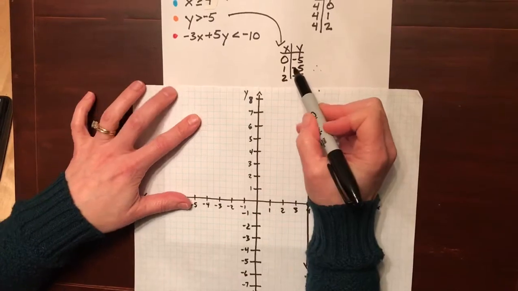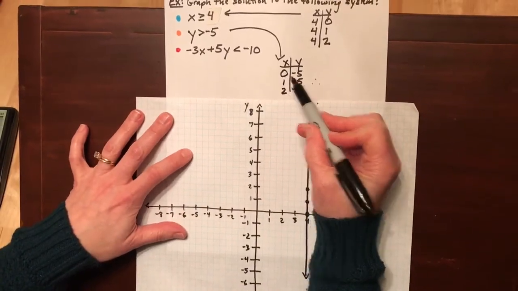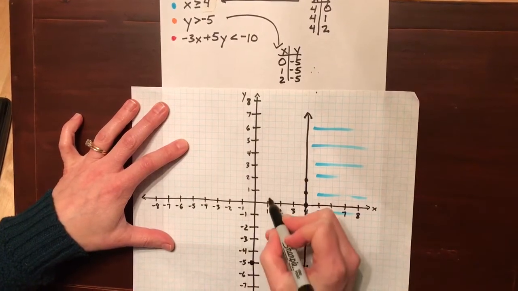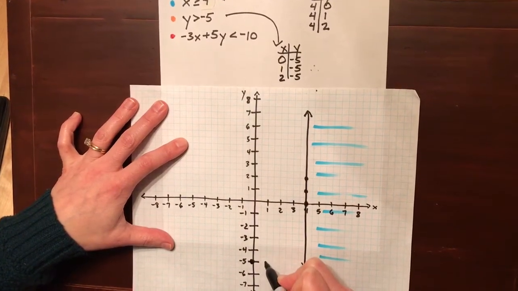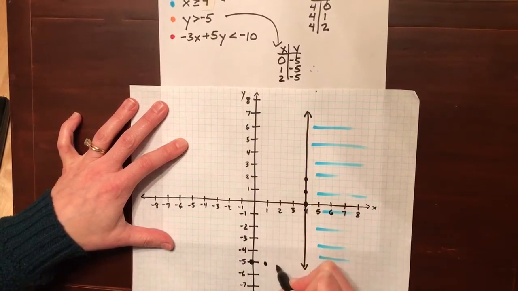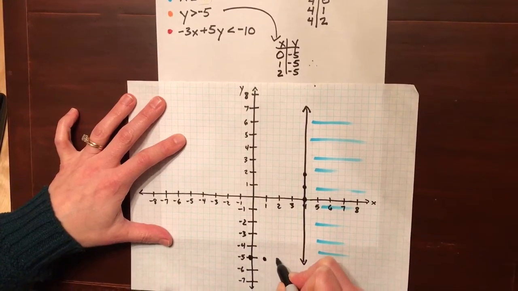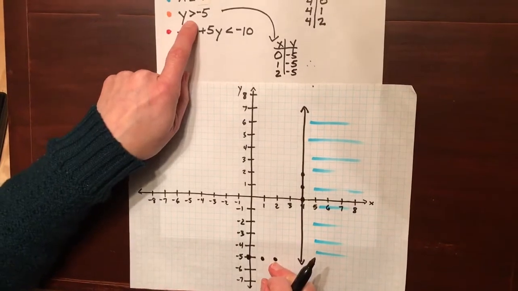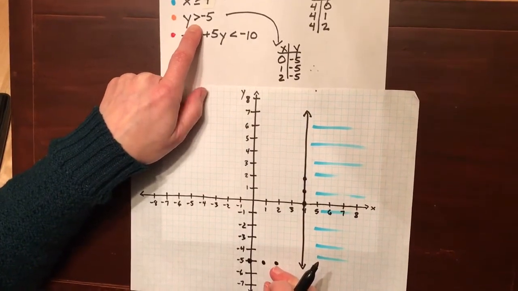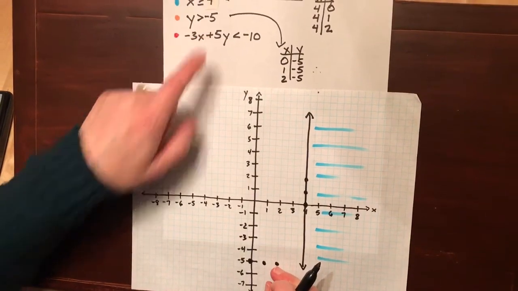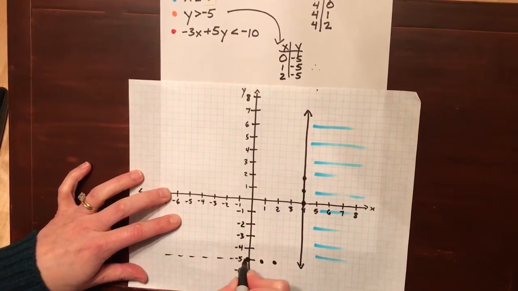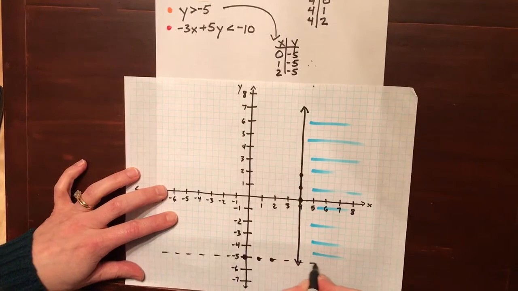And so points on this line would be 0, -5, 1, -5, and 2, -5. So you can see that my line now goes this way. Because this is greater than, that means that this is actually a dotted line. And so I will make this a dotted line going through these points.